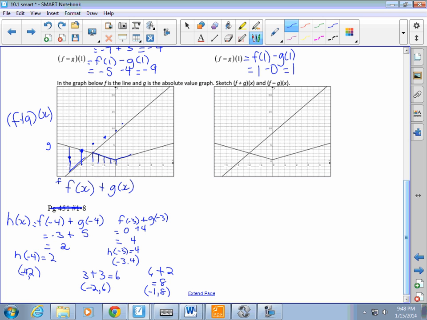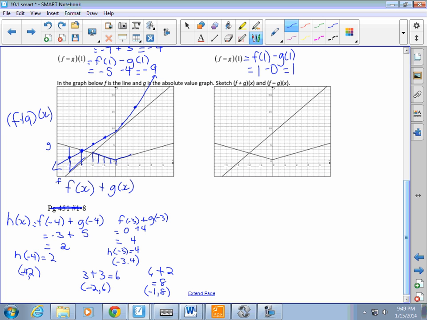This point here is 3 above, so then this one is going to be 3 above. Oh, my alignment is crazy. The next one was the 4. I won't be able to draw that one in there, but it's going to continue going up. So my graph is going like this and like that. So that's what f and g of x is going to look like.